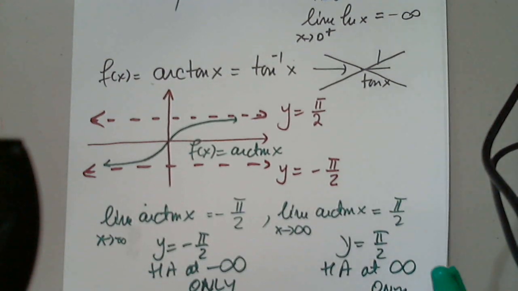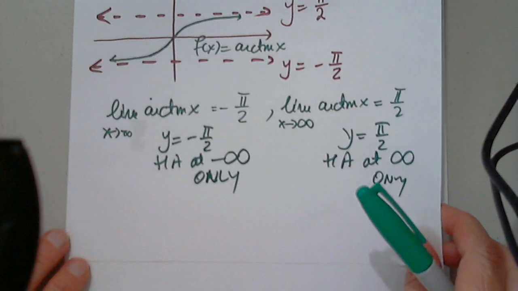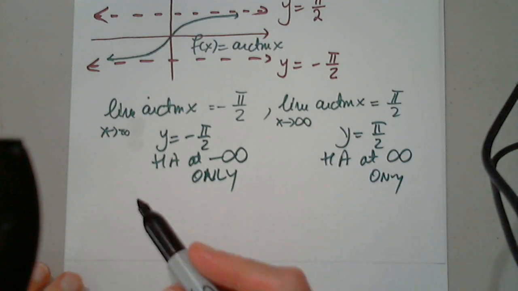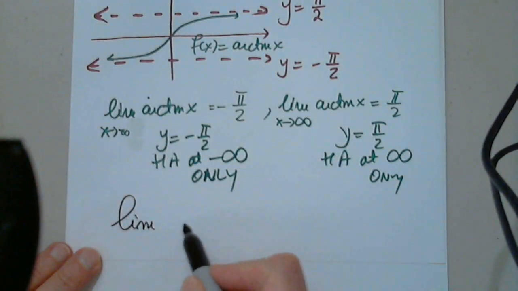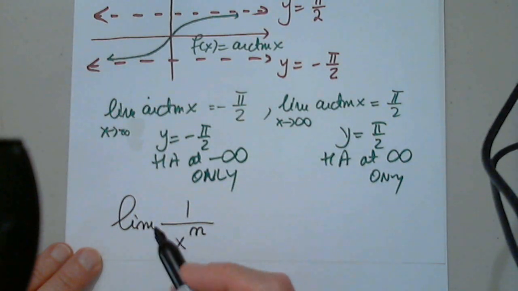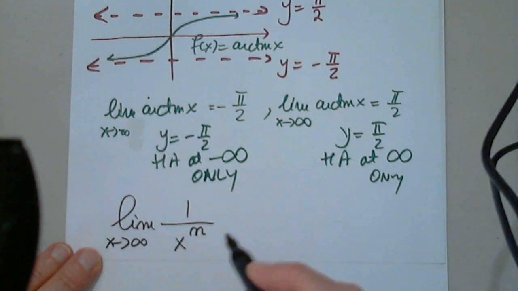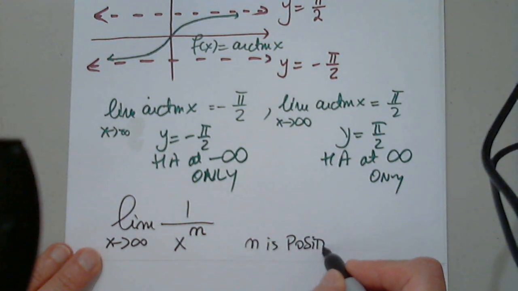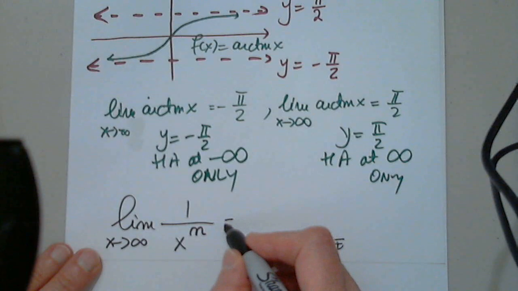Okay, now one theorem that I would like to discuss, and then we can look at problems. The limit of 1 divided by x to the nth power as x approaches infinity, only if n is positive. What do you think this will equal?